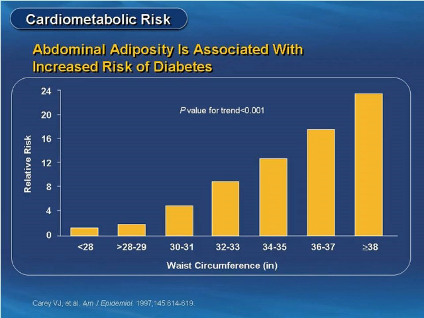So here we can see that when we're looking at a waist circumference and those numbers that we customarily think of with respect to the metabolic syndrome, which would be a goal of less than 35 inches for women and less than 40 for men, we can see where the relative risk begins to really ramp up once we begin to approach 34 or 35 inches and above. Now, this doesn't take into account gender differences, but overall, yes, the risk does increase.